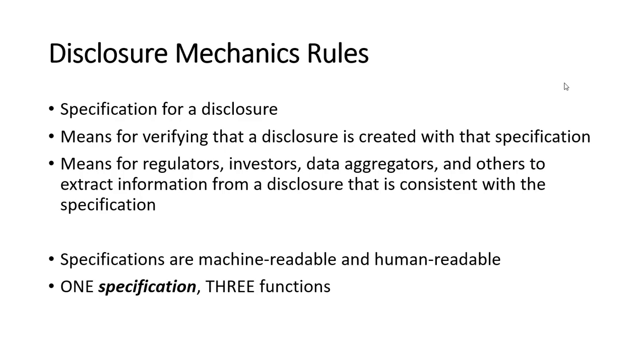And again, this one specification has three functions. It's describing what the disclosure is supposed to be, verifying that the report or the disclosure was created consistent with that description, and then using that description to pull and extract information from a report. That's pretty slick.